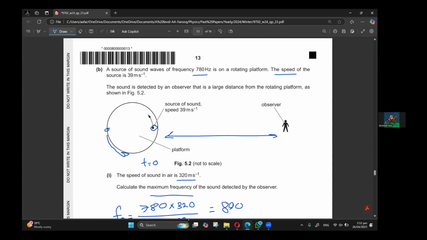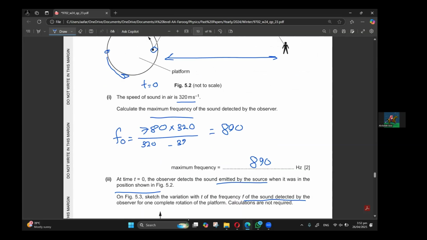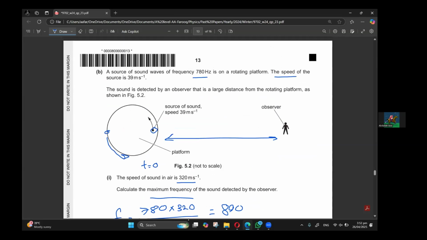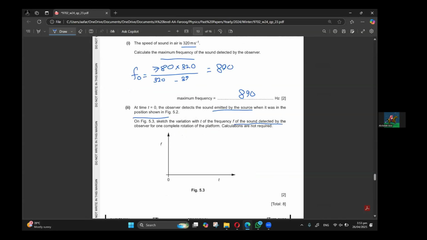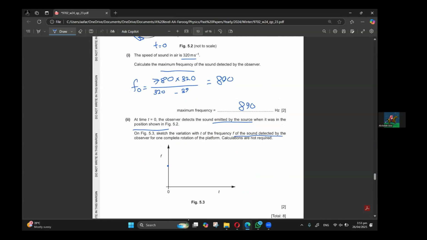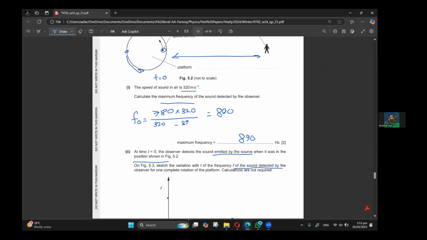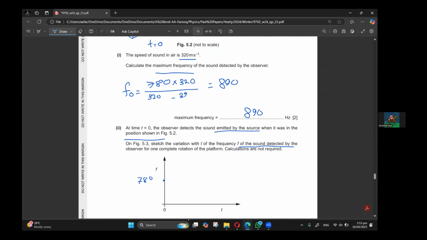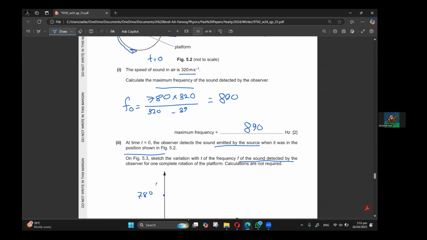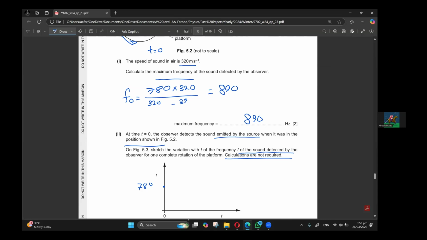So let's say this is stationary over here. So when it starts moving, it moves away from the observer. So its frequency will decrease. Let's say this is initial frequency, 780. This calculation is not required, so we will not calculate.